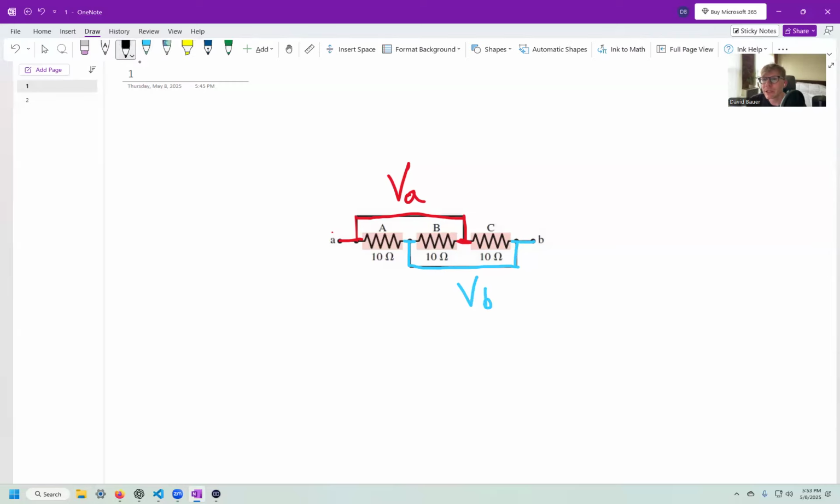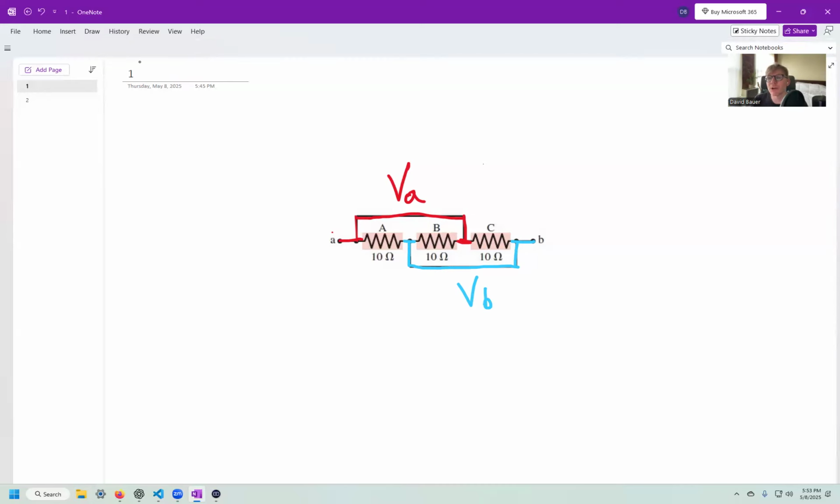And then what we can do is we can look at what happens as we go across each resistor. Right? So going across A, we're going red to blue. And going across B, we go red to blue, and going across C, we go red to blue. All right. So across all three resistors, we have the same change in the potential. We have the same voltage.